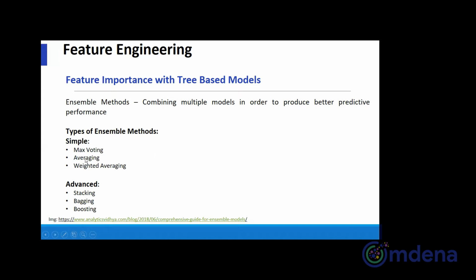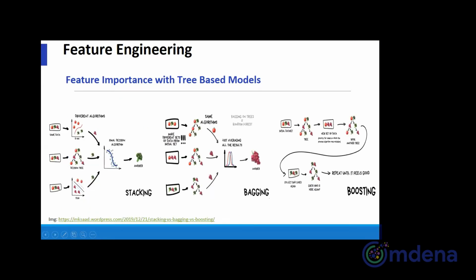It is an extended version of the averaging technique. The advanced ones are stacking, bagging, and boosting. In our case, we mostly implemented bagging and boosting techniques, but I'll still go through stacking as well.